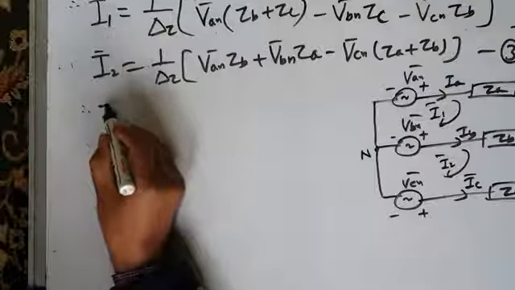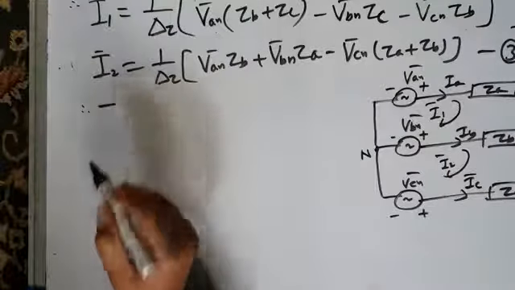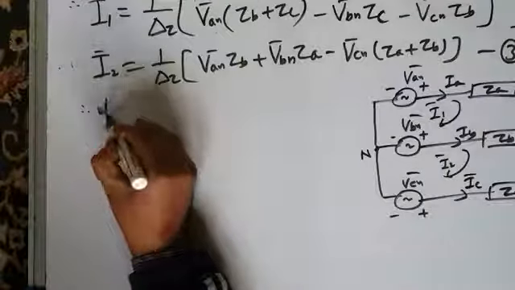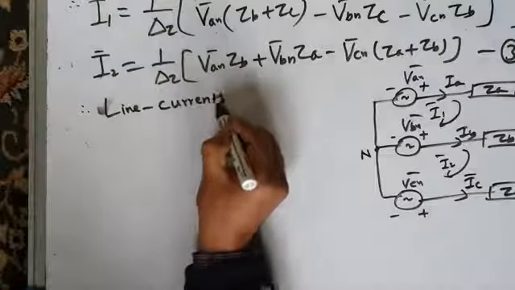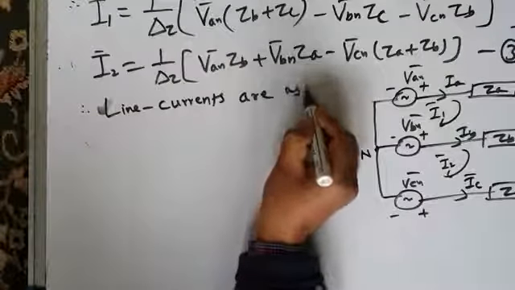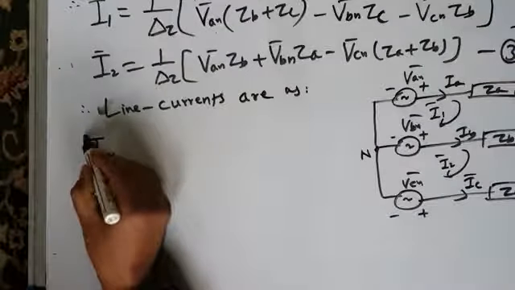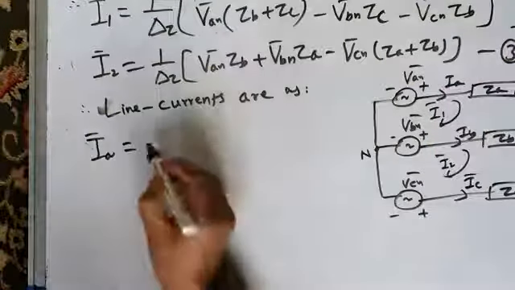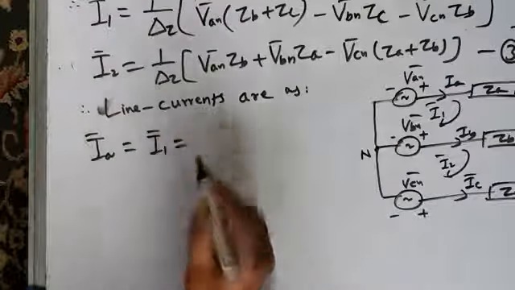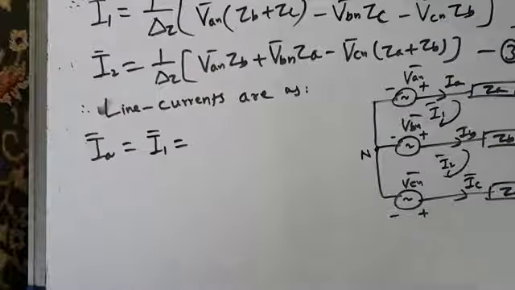Therefore, I will write line currents. Let me first of all write line current IA. Now line current IA is same as mesh current I1. No change at all.